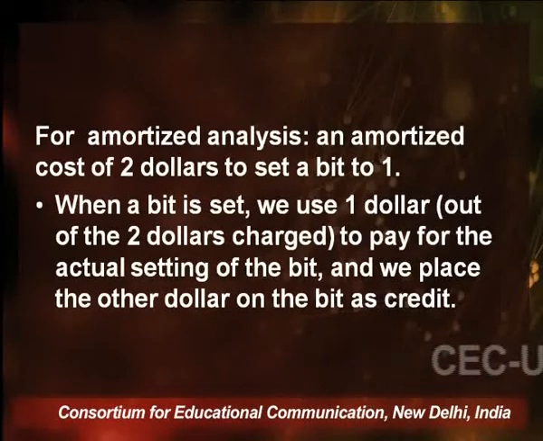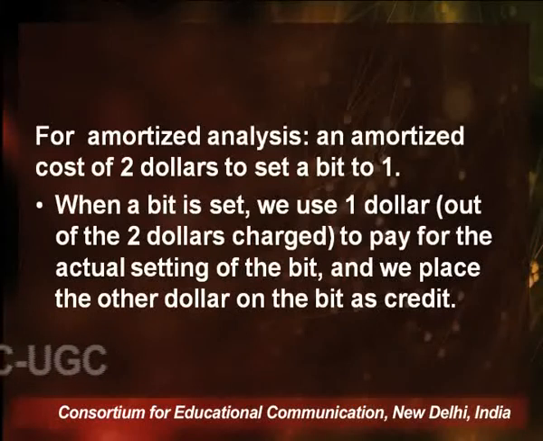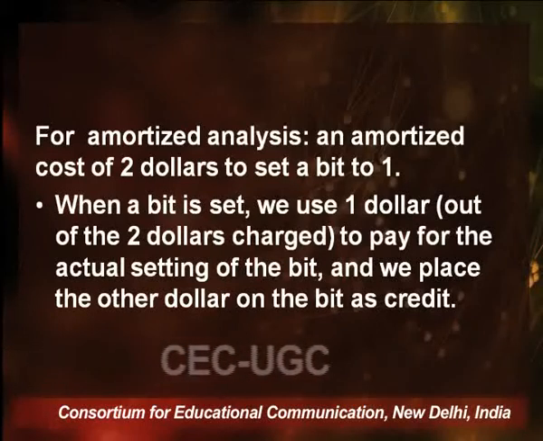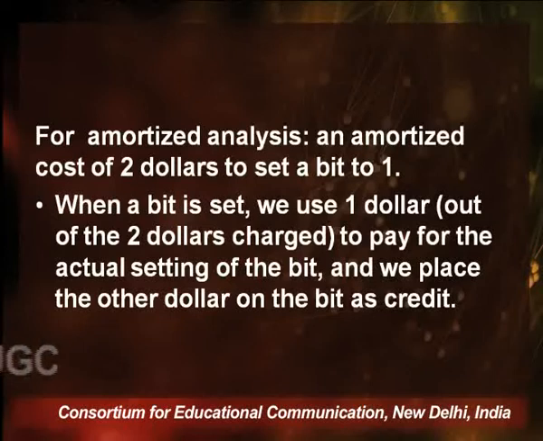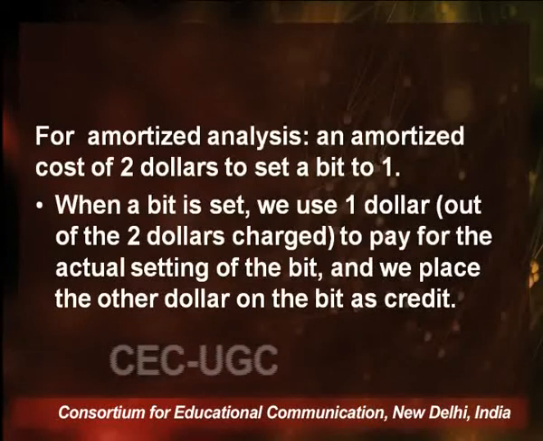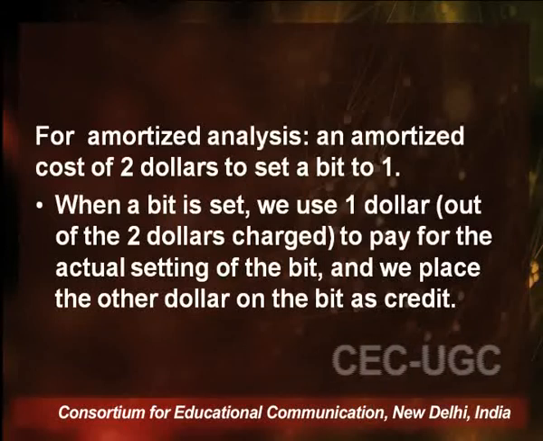Now what happens with this cost of $2? When a bit is set, we use $1 out of those $2 to pay for the actual setting of the bit. We are left with one more dollar for that bit, which is considered credit, and we place that other dollar on the bit as credit.